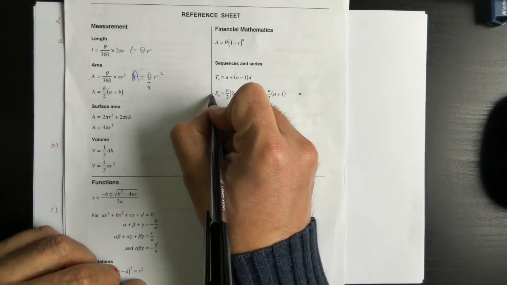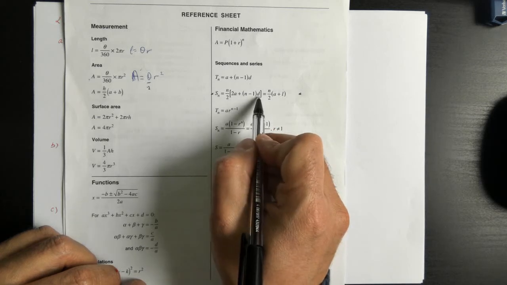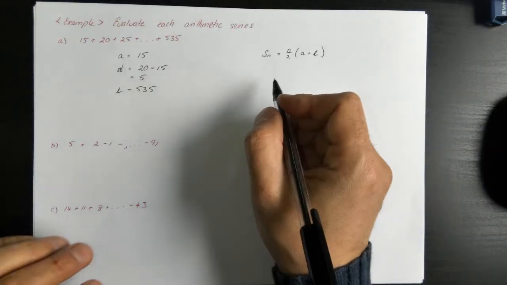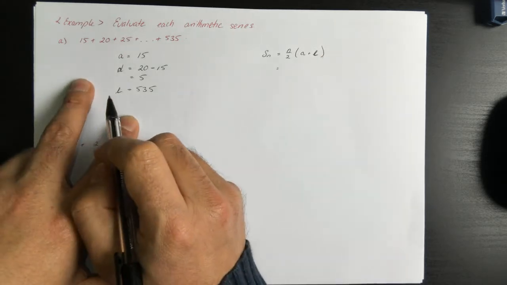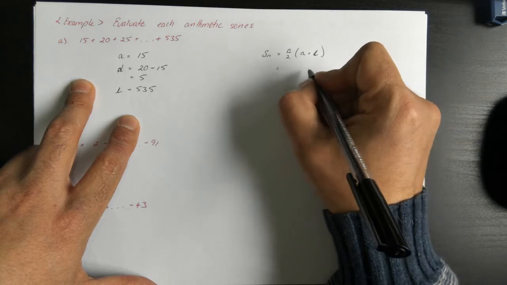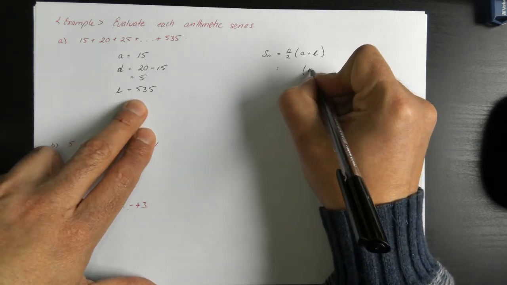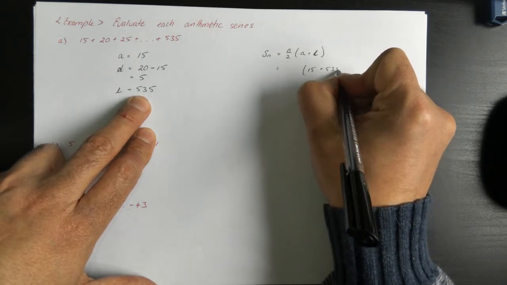So we have this formula when we know the last term. We don't know how many terms this is, so we need to find what n is. But a is 15 and L is 535.